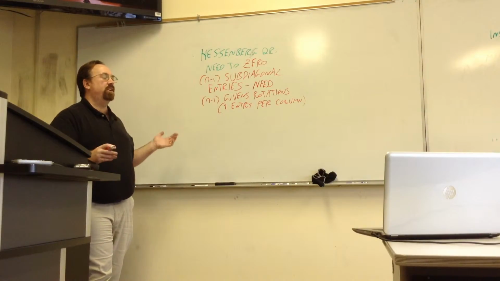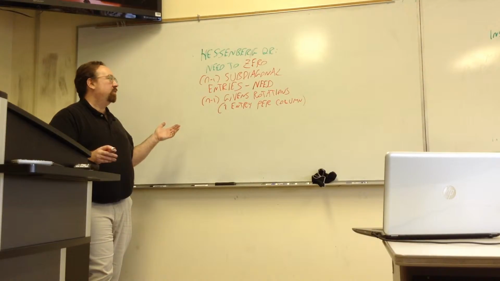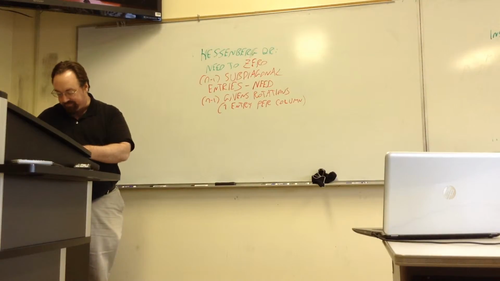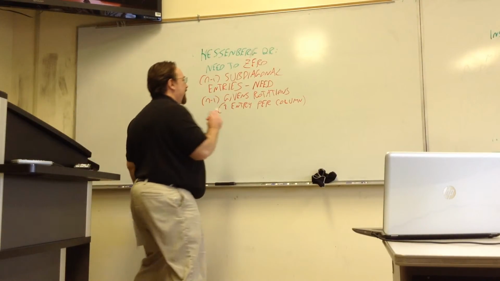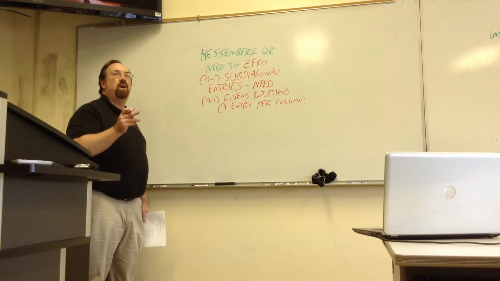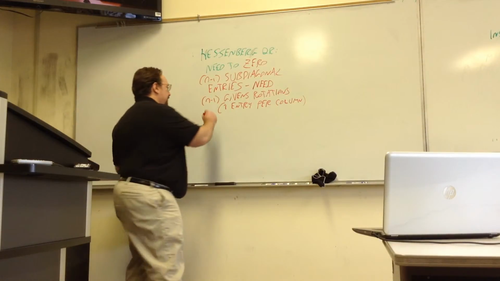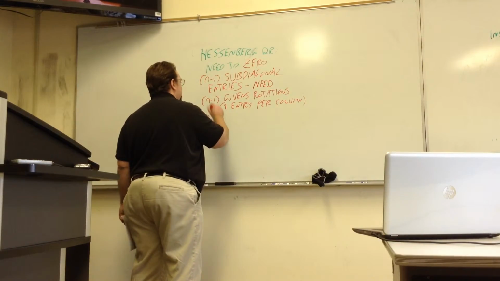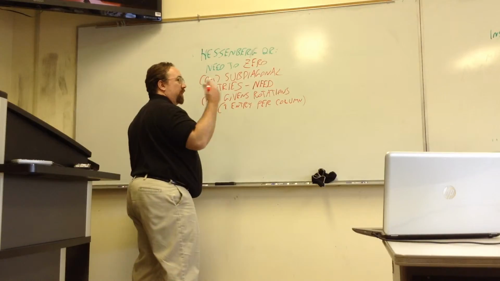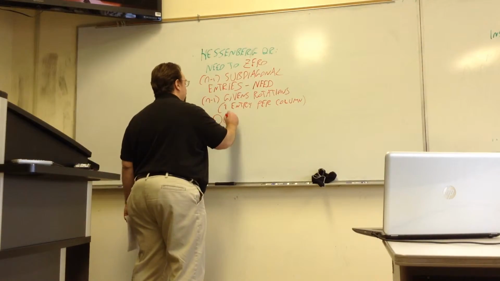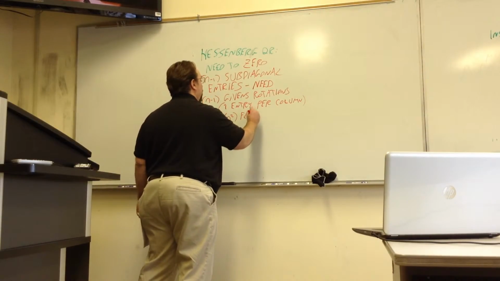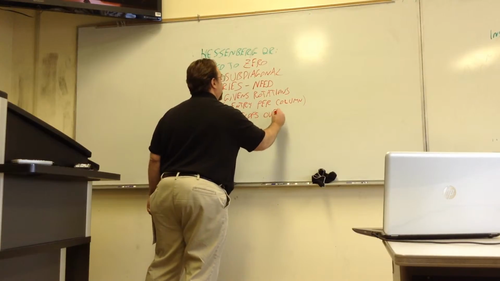It'll wipe out a whole bunch of entries in a single column. We only have one entry per column to get rid of. We'll just rotate 2 rows to make that entry 0. So each Givens rotation will only affect 2 rows in their entirety. So we have n-1 Givens rotations, order n work each, so order n squared floating point operations overall.